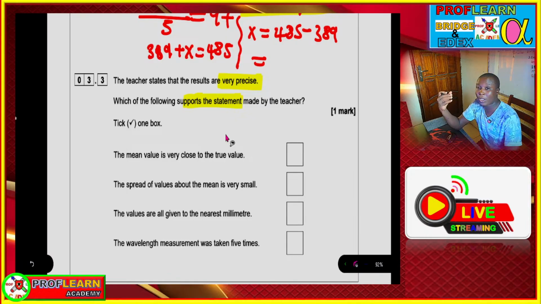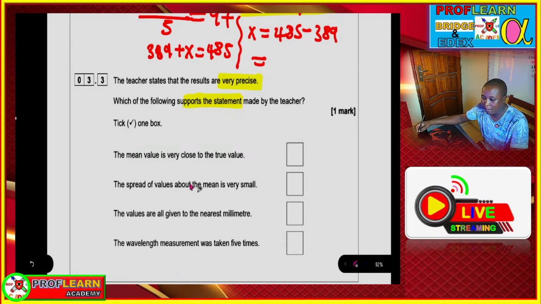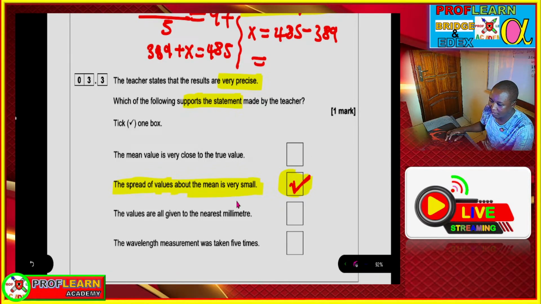It's how close the measurements that are taken are. So we can say the spread of values about the mean is very small. This is the correct answer in this case, so we put a tick at that point.